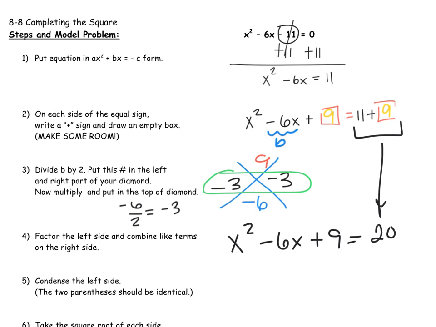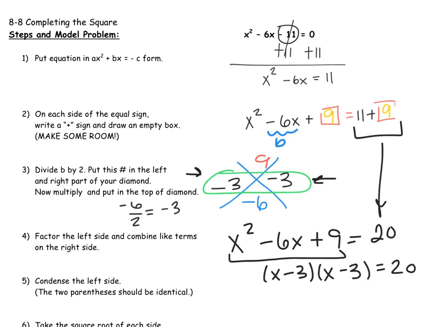Here's how you factor. It's a trick. You ready? You don't even have to realize how to factor. You go to your diamond, negative 3, negative 3. Those are my factors. I factor x squared minus 6x plus 9 to be x minus 3 times x minus 3, and that's equal to 20.